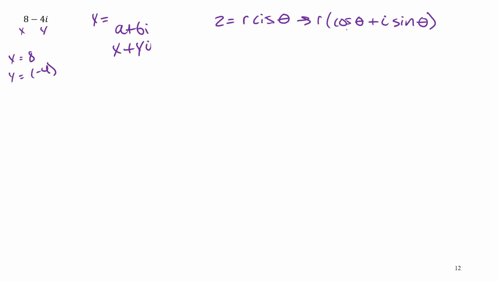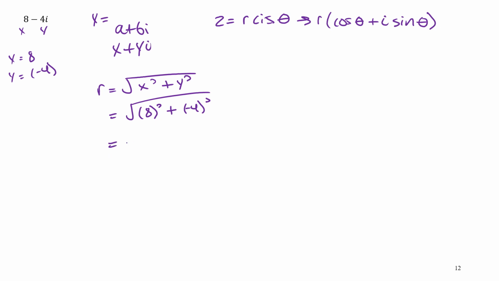And so for this one, we want to get it to the point where we have this r and theta value. So if we do the x's and the r first, you know that r is equal to the square root of x squared plus y squared. We know that our x is equal to 8, so you go 8 squared, and our y is equal to negative 4, and you can write that squared.